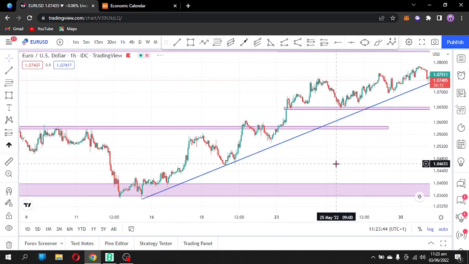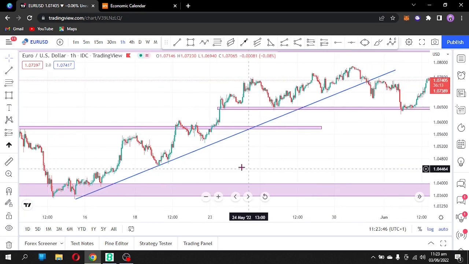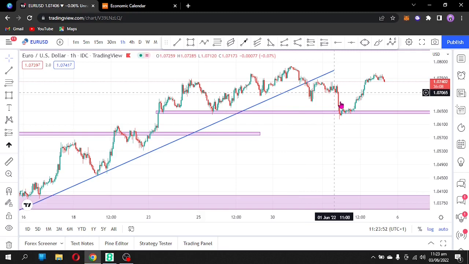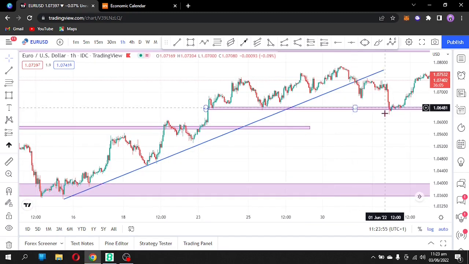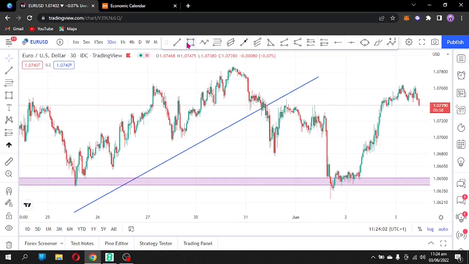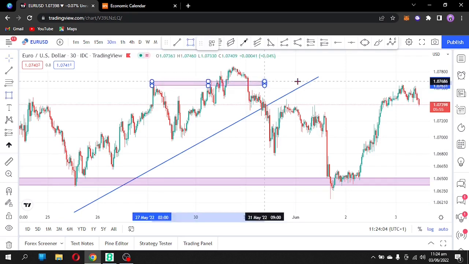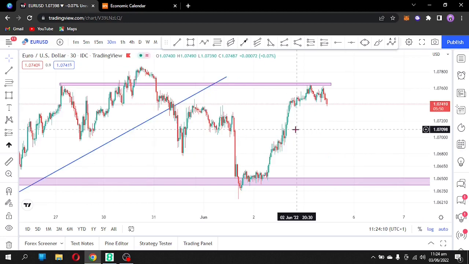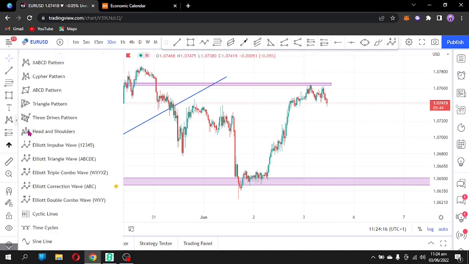And from this chart, you can see that we had a bullish trend, but then this bullish structure was broken, and we had a breakout and then a retest, and now back on the 30 minutes time frame, you can see we had this resistance here that price respected, and after this resistance it gave us a double top chart pattern.